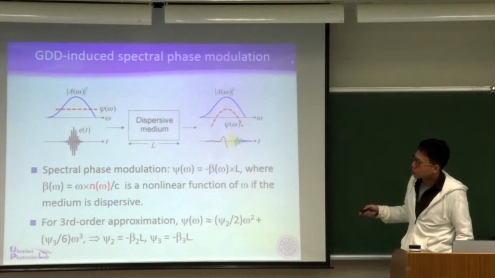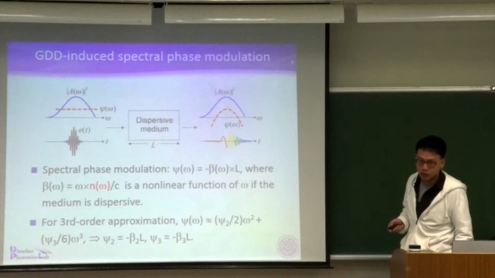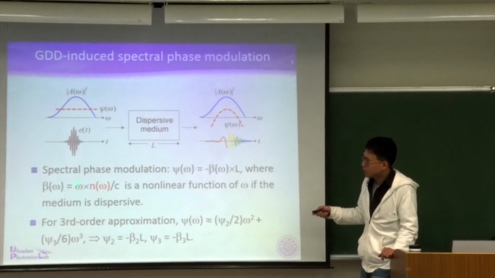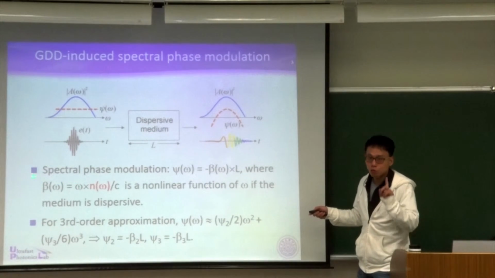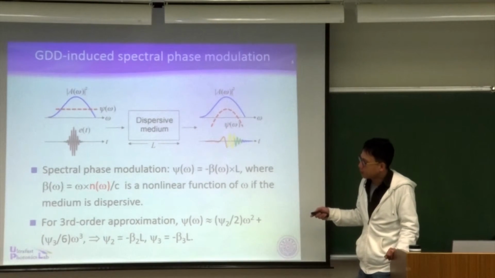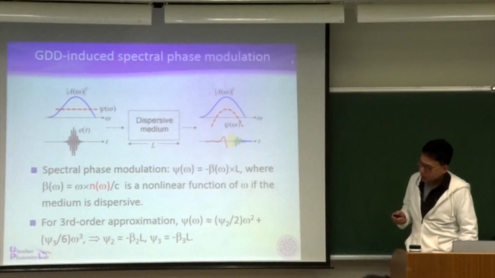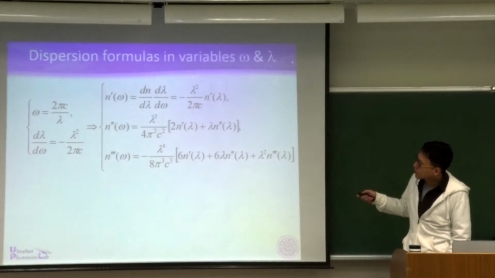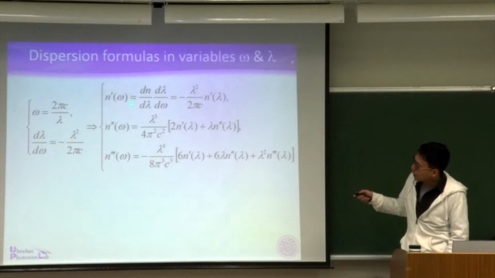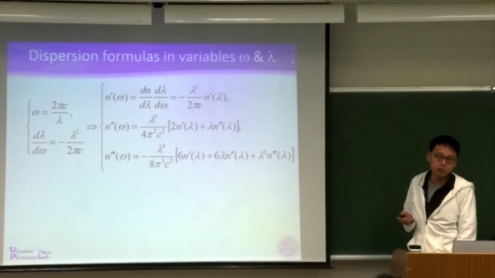There are two functions of omega. One is the linear function omega, the other is the index of refraction, n of omega. So the derivative is 1 times n plus omega times n prime of omega, right? And you need to access this formula, n prime of omega.